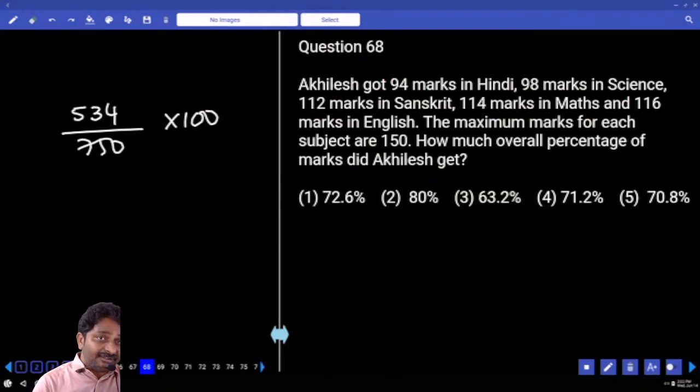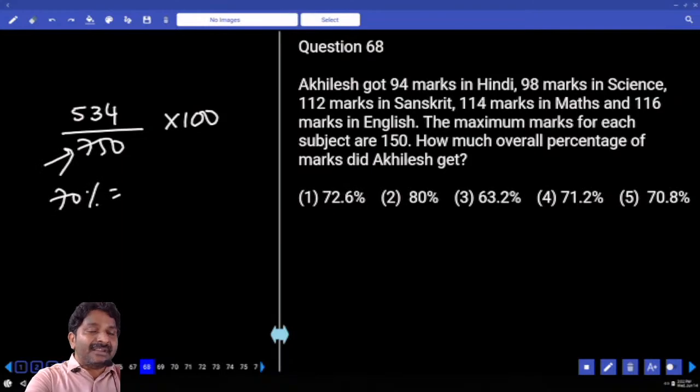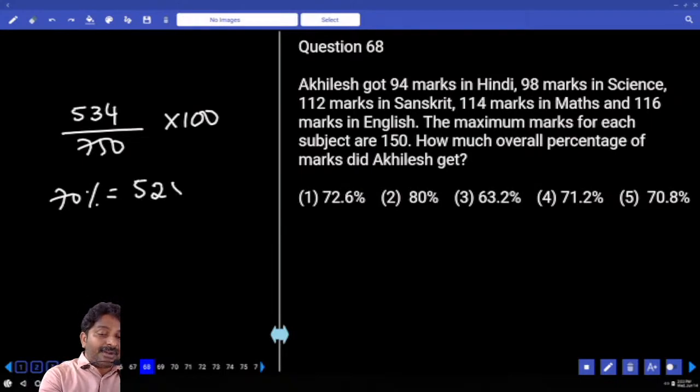Let me first calculate 70%. What is 10% of the denominator? 75. 7 times I want to calculate so that I will get 70%. Okay, now 70, 7 times, 490. What is left? 5. 7 into 5? 35. 490 plus 35 is 525.